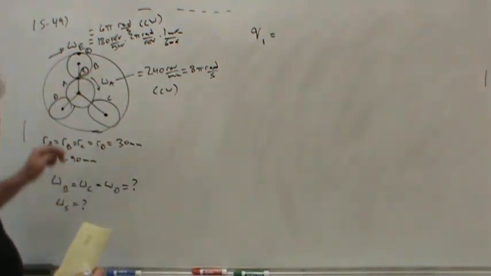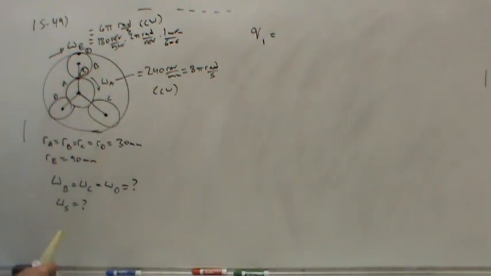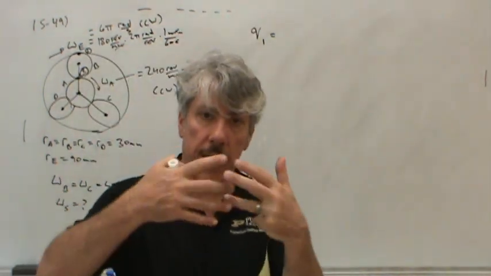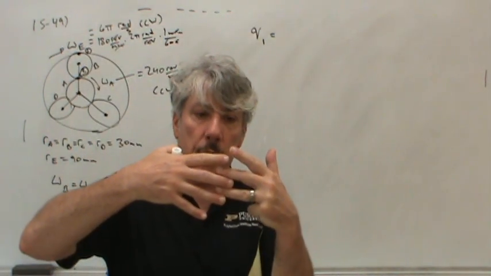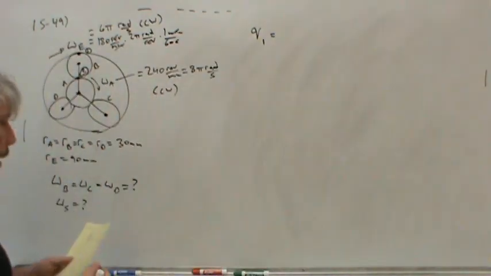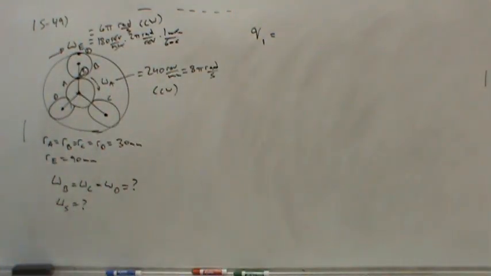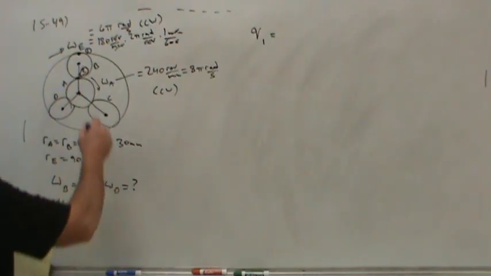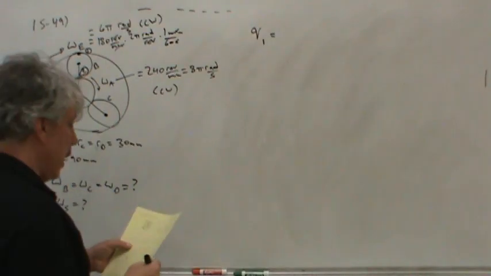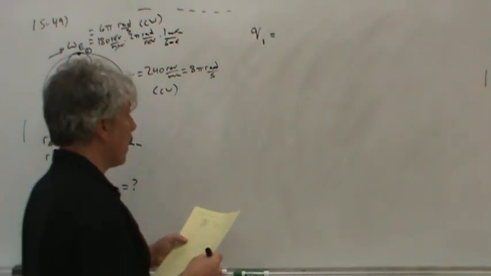We could think about it as velocity on B or velocity on E. Notice those 2 points have to have the same velocity because the gear teeth have to mesh. If the gear teeth don't mesh and they have different velocities, you're going to start stripping gear teeth off. That doesn't work. We're assuming that's not what's happening, right? So E and B must have the same velocity at that point, and it would be off to the right.